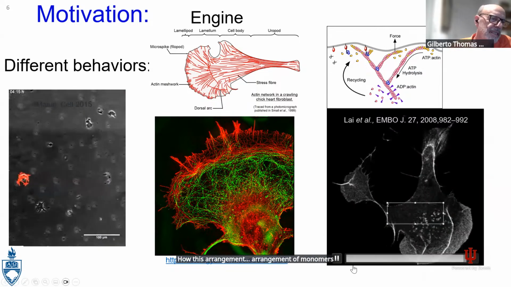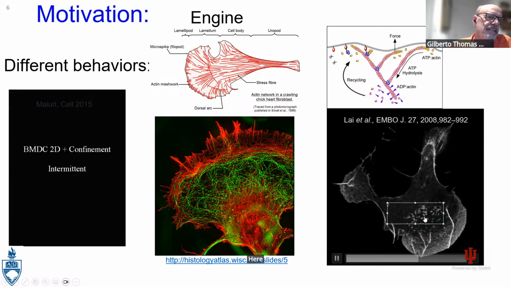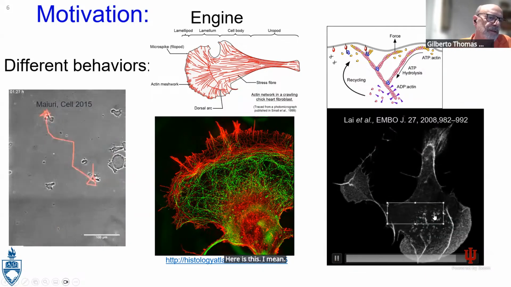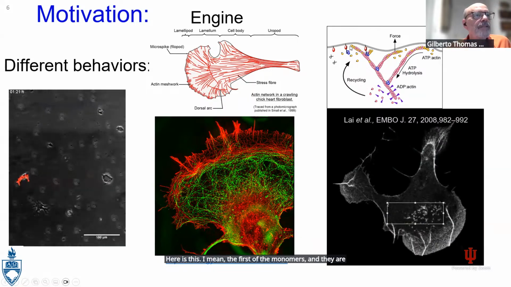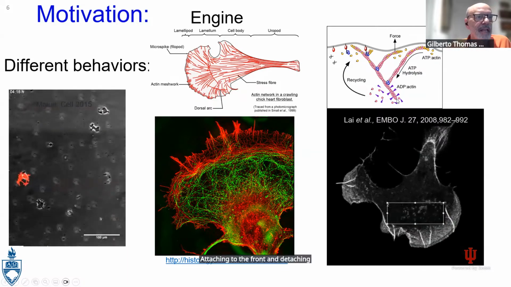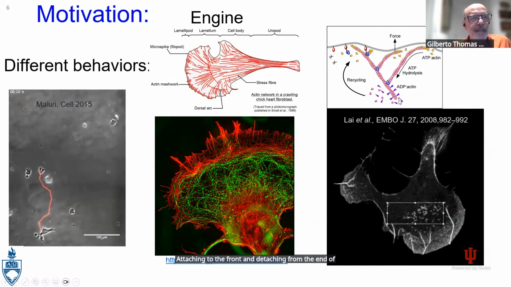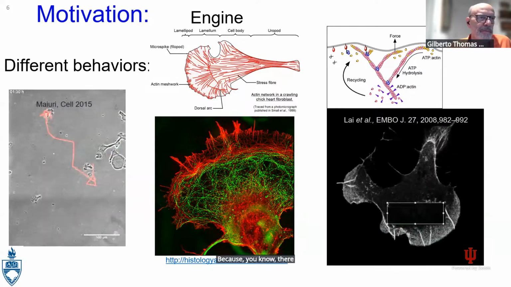Here is the source of the monomers, and they are attaching to the front and detaching from the end of the fiber, because there is a fixed number of monomers.